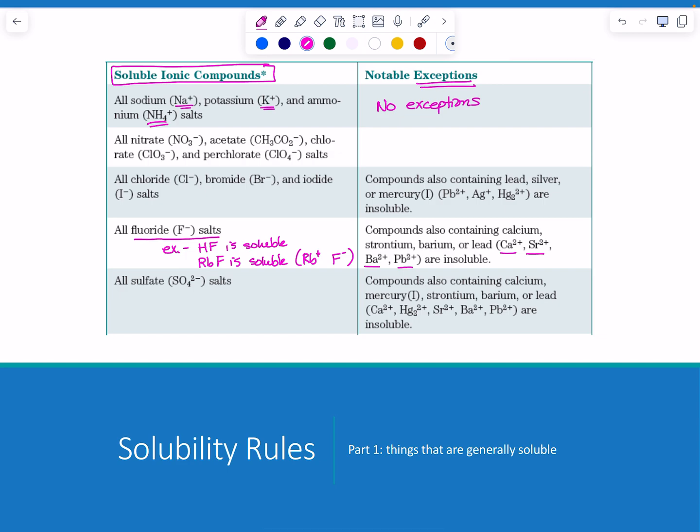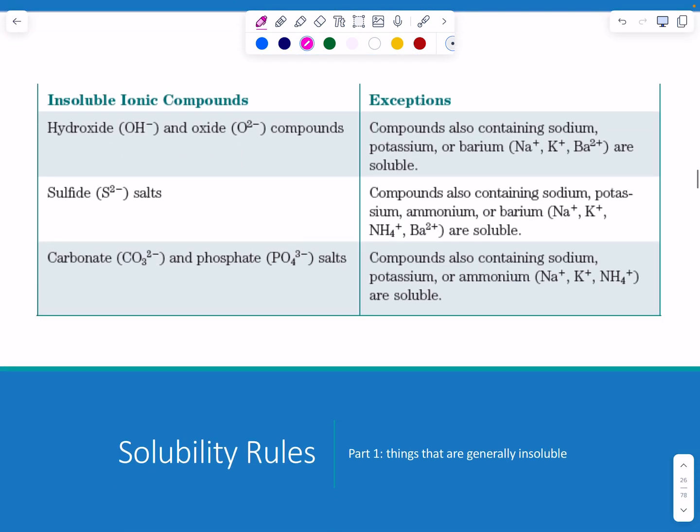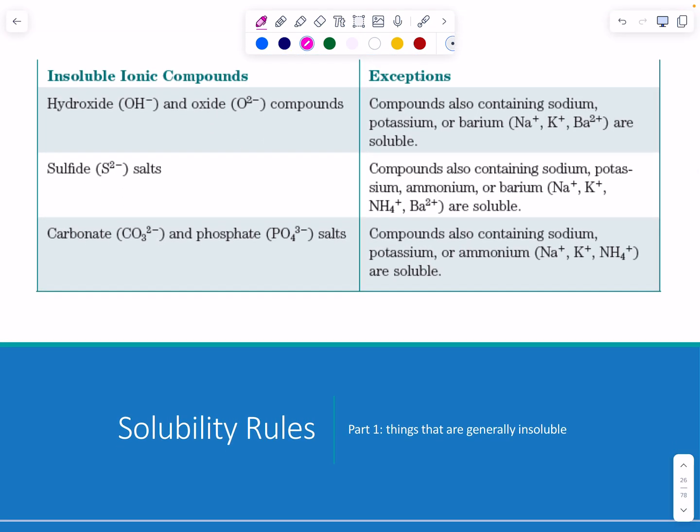Again, the top is things that are generally soluble with a few notable exceptions. The bottom of the table are things that are generally insoluble. So if your compound is a hydroxide or an oxide, so if the anion in your ionic compound is OH minus or O2 minus.